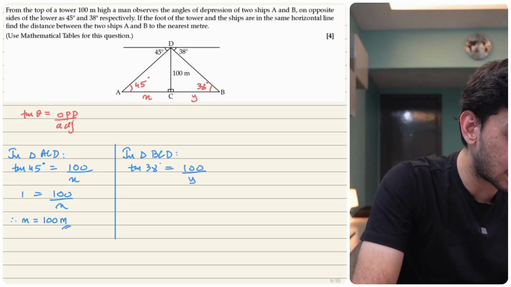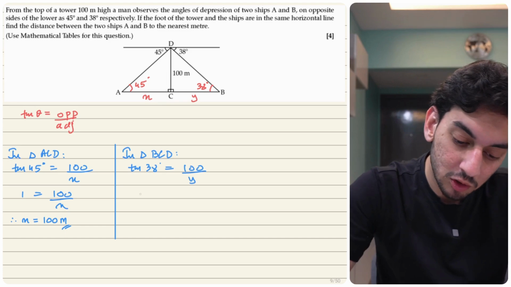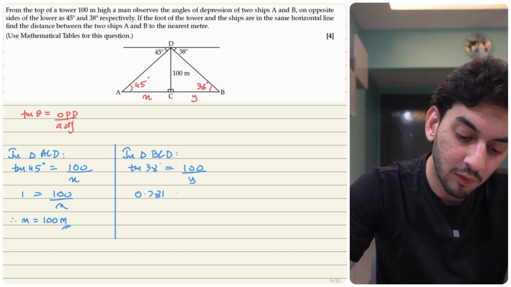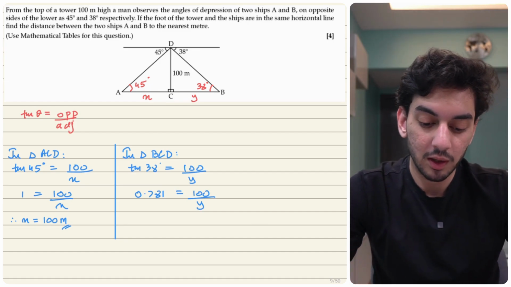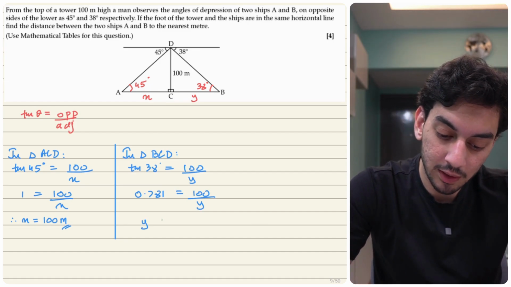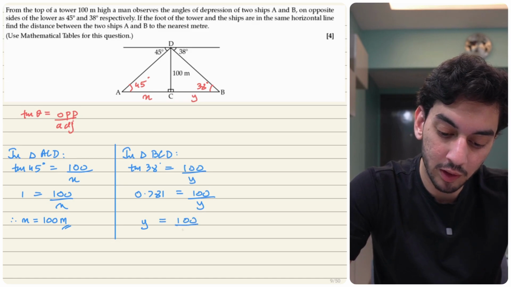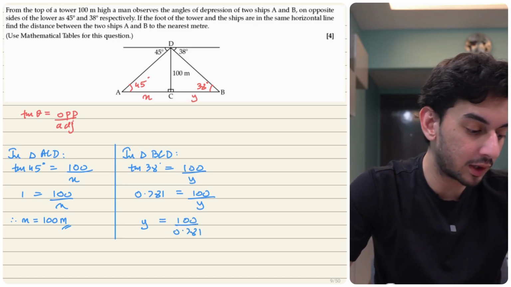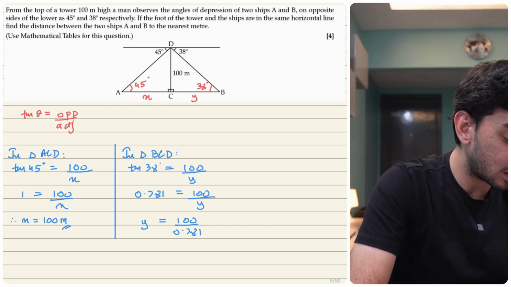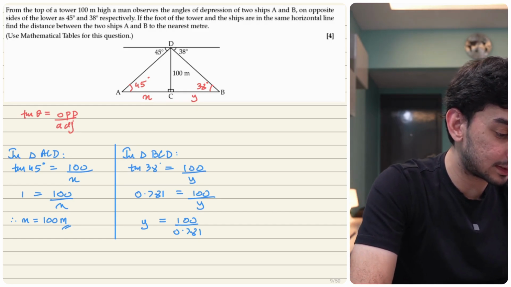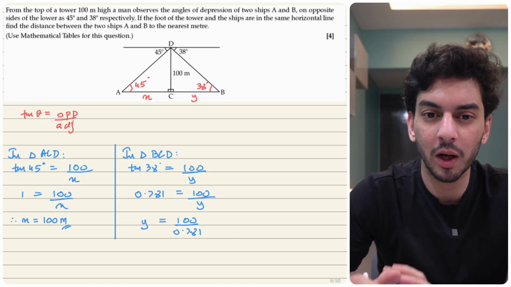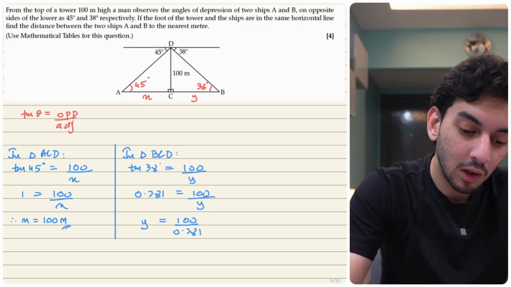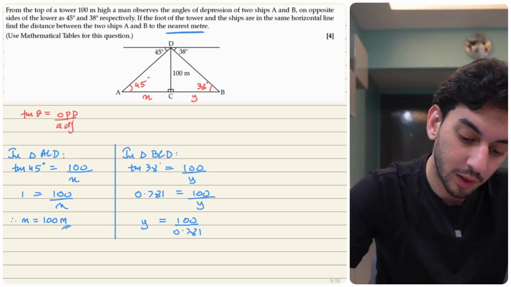So tan 38 is 0.78, or 0.781, which was a closer value, over Y. Okay. Y goes to the other side. 0.781 comes down. So 100 over 0.781. Let us divide that thing. 100 divided by 0.781. And that is equal to 128.04, but I am going to consider it to be 128 because it says up to the nearest meter.